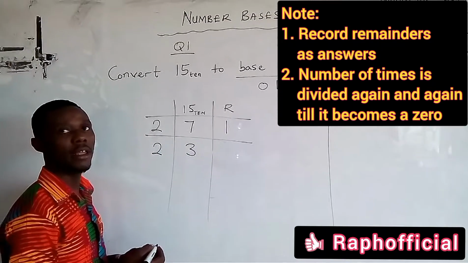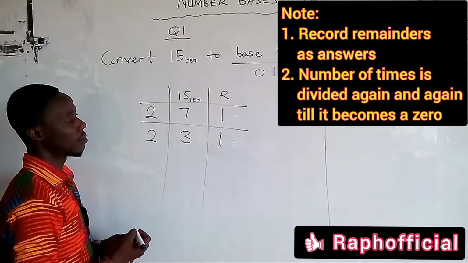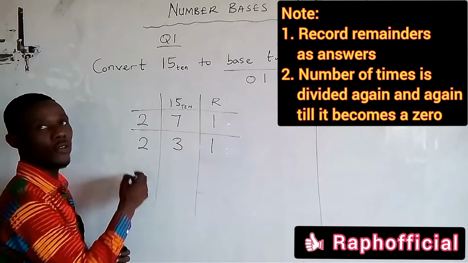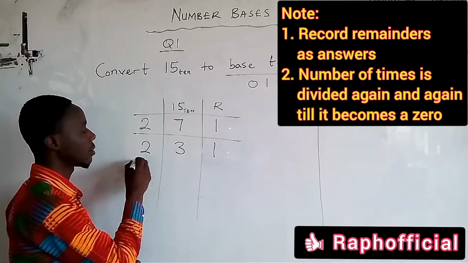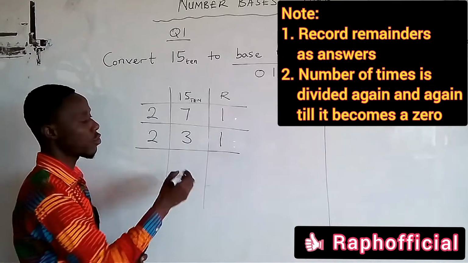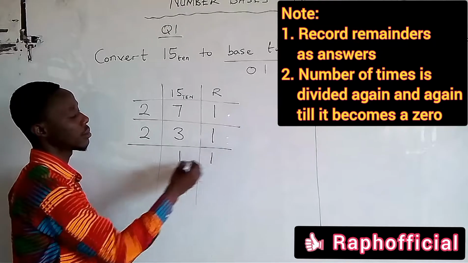Is there any remainder? Yes, 1. Now 3 is greater than 2. Therefore, we have to divide again. 2 into 3 how many times? 1. Remainder 1.